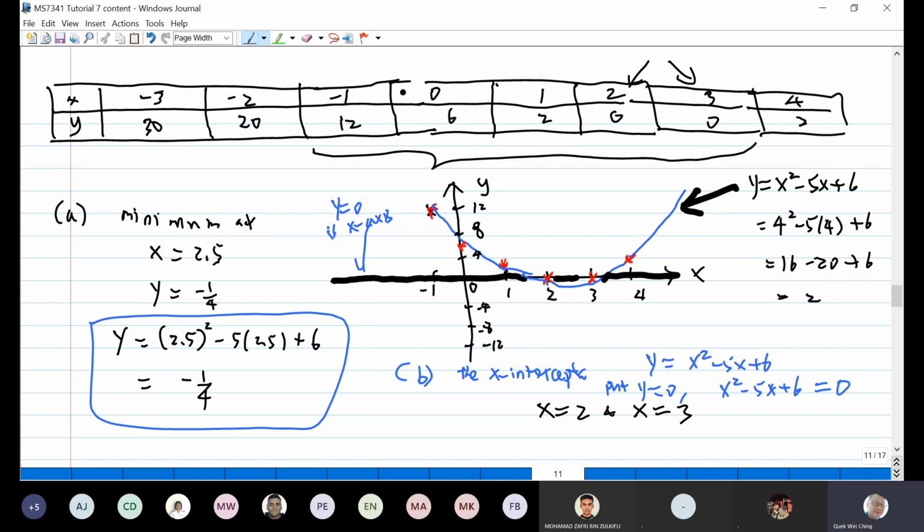Afterward, plot the points, then get a graph. This graph is not a straight line. This is called a parabola. So this shape is a parabola. Okay, so this is question 4.